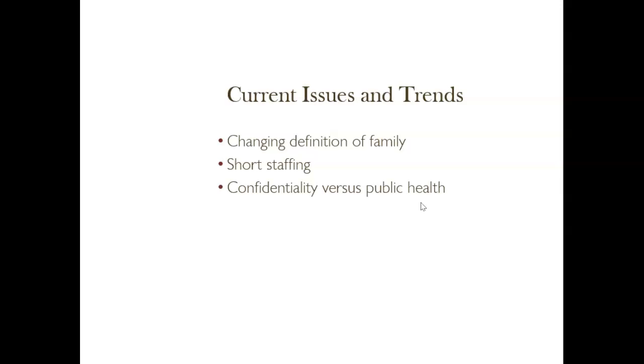And then confidentiality versus public health. We've seen that with the pandemic in terms of what is really public and what is really private. So there are conflicts of ethical things that revolve as the world around us and the care environment changes.